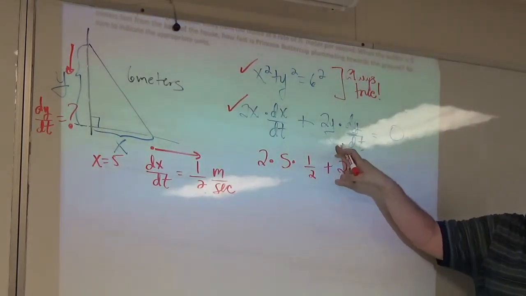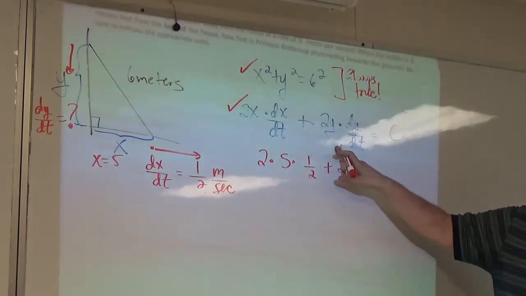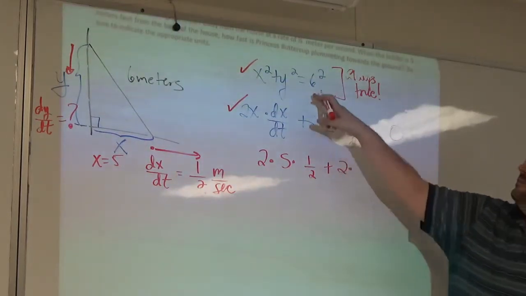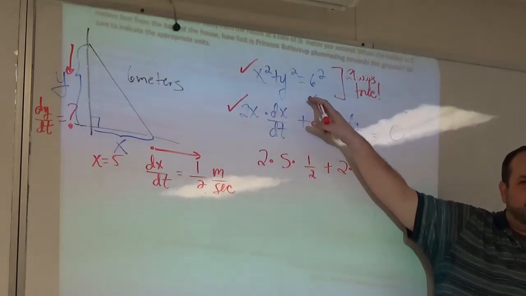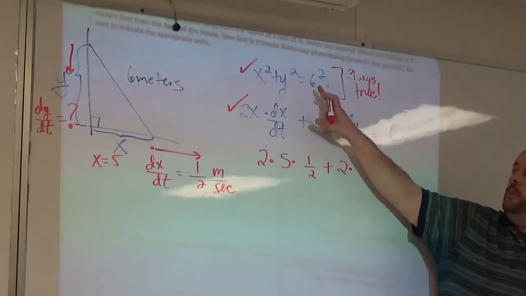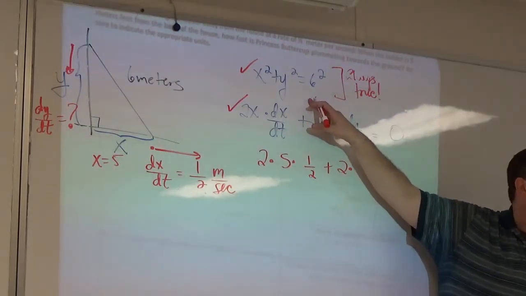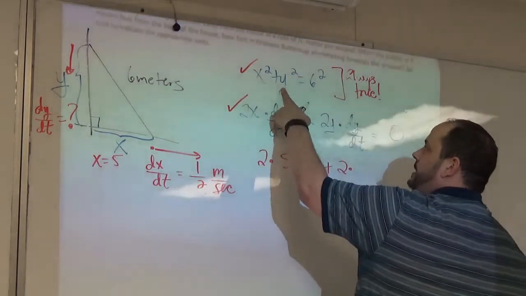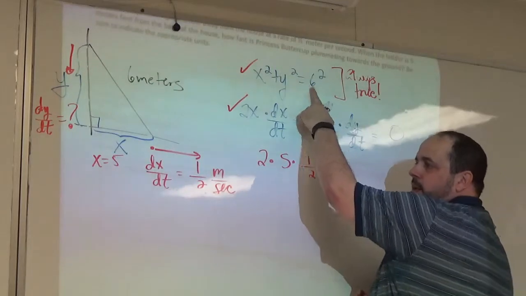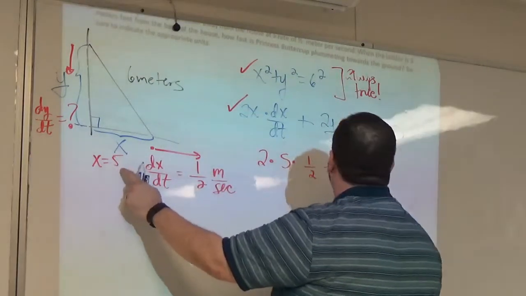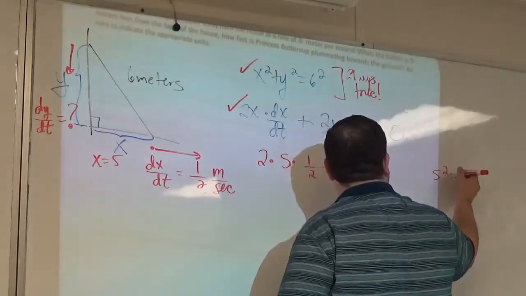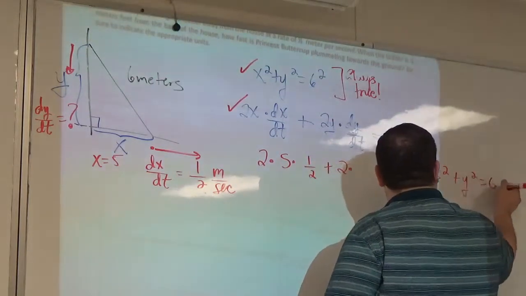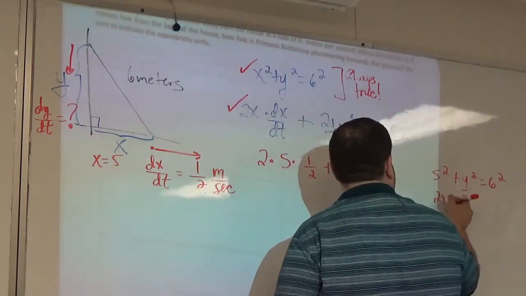Marvin, can you explain that one more time? You plug it in right there to find y. We've got the Pythagorean theorem, which is always true, which means I can use this anytime I want to. x squared plus y squared is always going to be 6 squared, and we're looking at this moment when x is equal to 5. I can go off on the side and say, 5 squared plus y squared equals 6 squared.